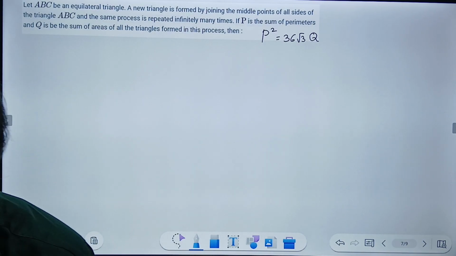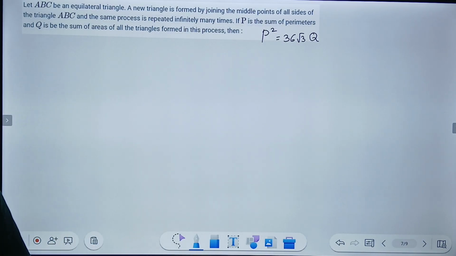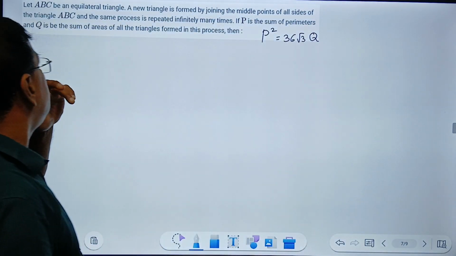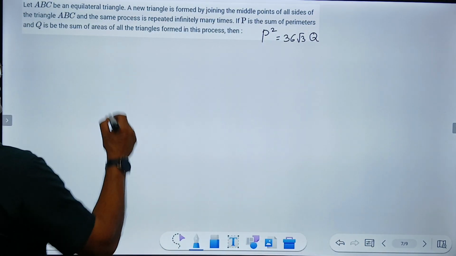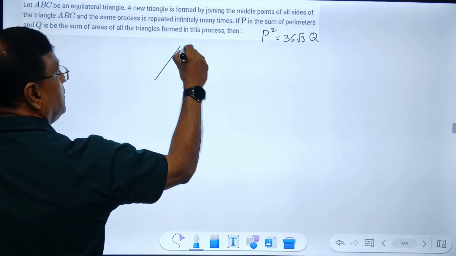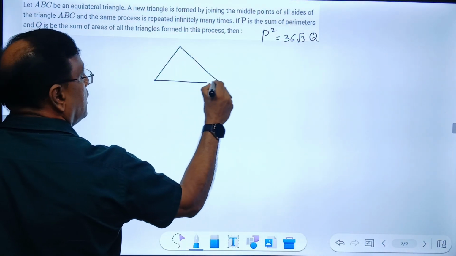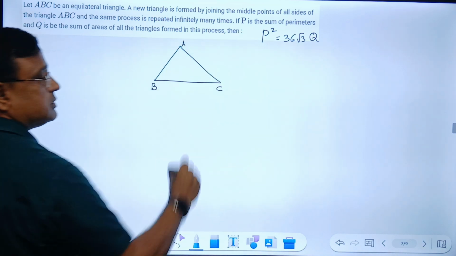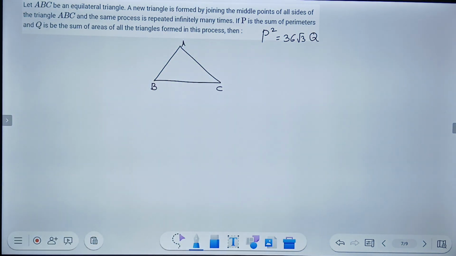Actually it's an MCQ question, I didn't put the options. So let us see how it goes. Let me take an equilateral triangle and name it ABC.